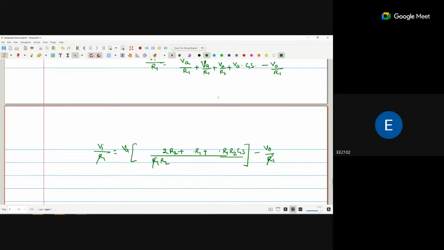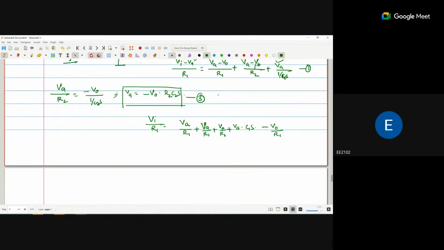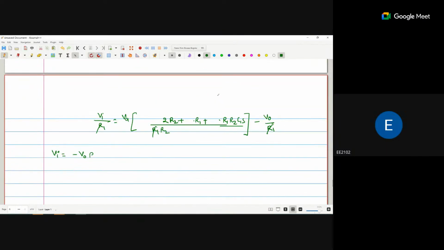Now put the value of VA. So Vi is equal to minus Vout R2C2s times (2R2 plus R1 plus R1R2C1s) divided by R2, minus Vout.